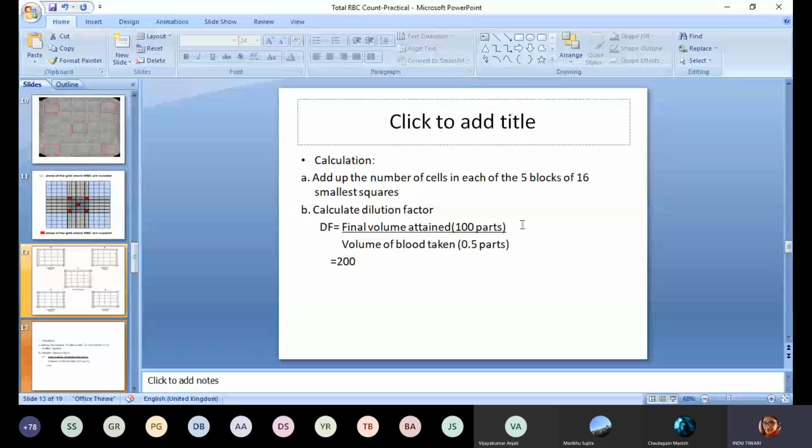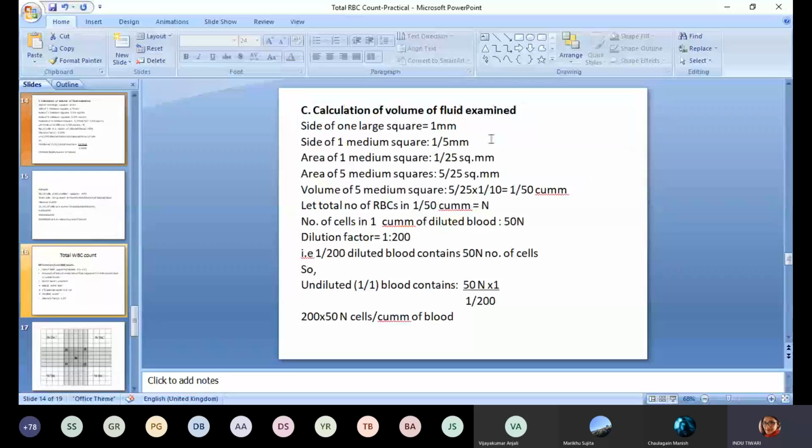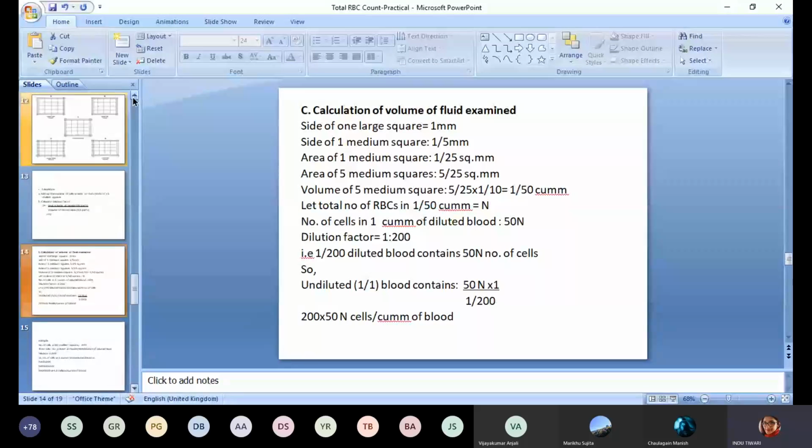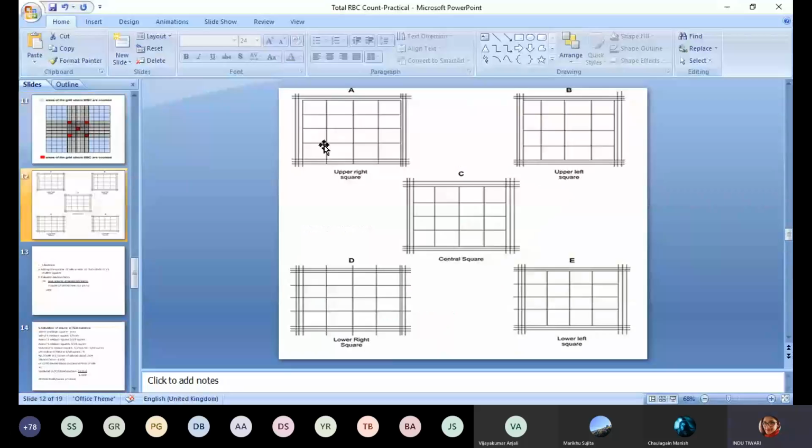So now how we are going to calculate is that we have to calculate the volume of the fluid that we have examined. We know that the side of the one large square is 1 millimeter. So if we look at the side of one medium square in which you have counted the RBCs, what will be its size?